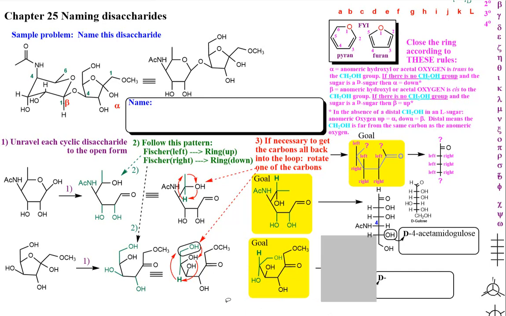Okay, I have the results of this rotation in our goal box here. Notice there's a methyl on the oxygen that's normally on carbon 6 of whatever sugar this is.